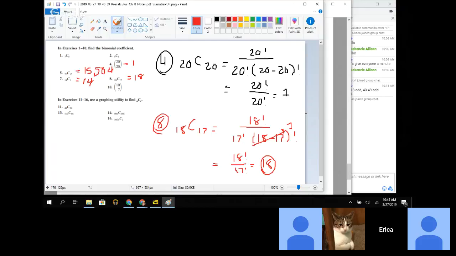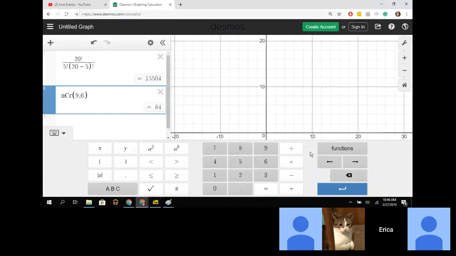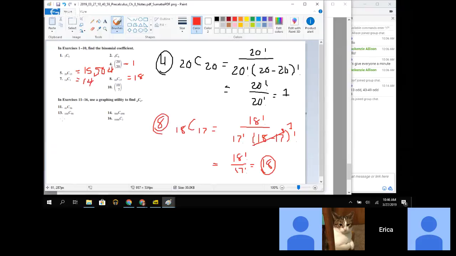11, 13, 14, 16, it says using graphing utility. I would definitely recommend that. You don't want to be writing out factorials. So in Desmos, again, you're going to go to function. If you want to find, for example, number 11, which was you have 41 choices and you're going to pick 36 of them.